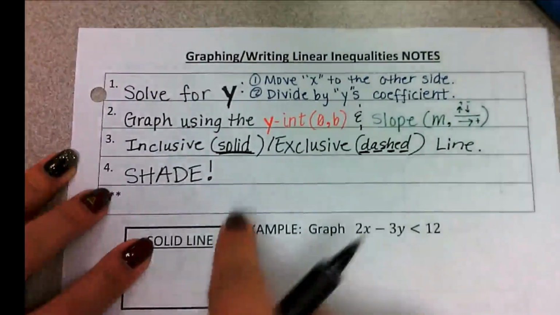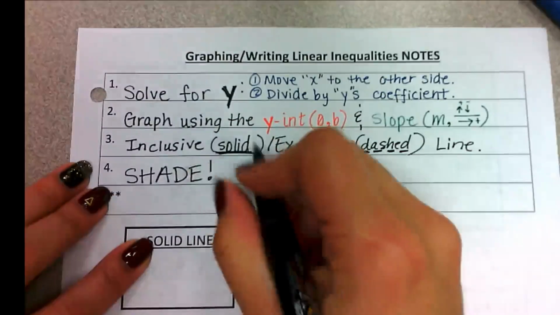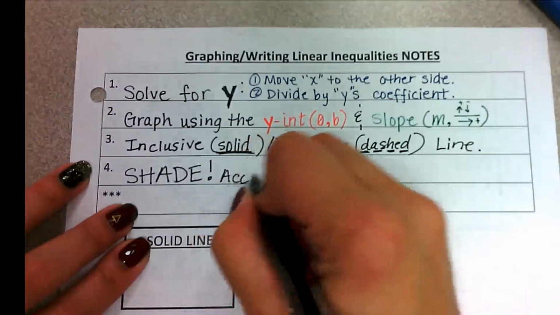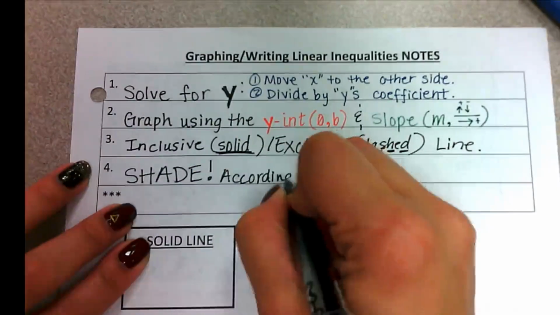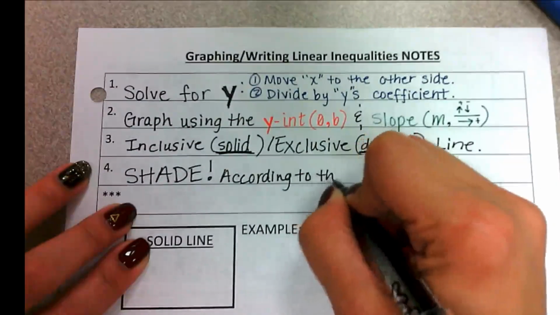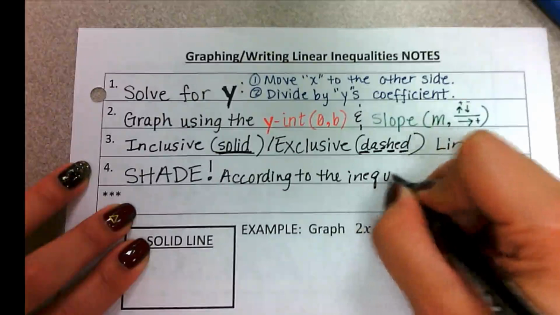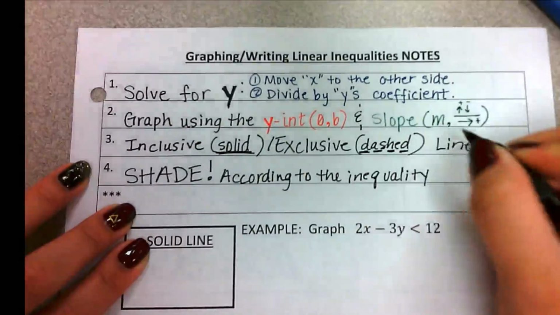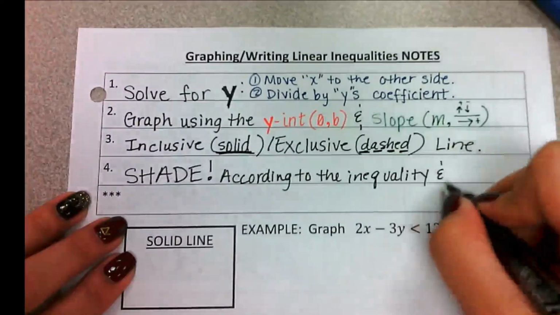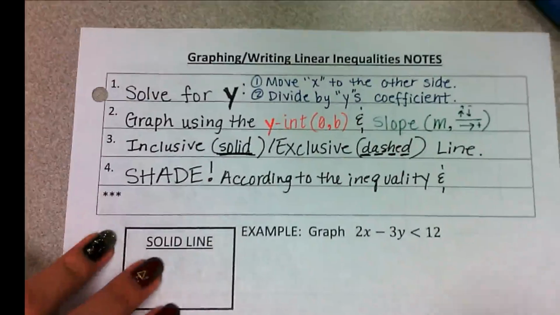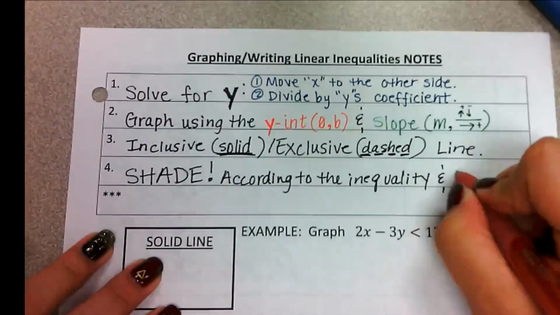All right, so whenever you shade, you're going to shade according to the inequality. And you're going to refer back to your b.